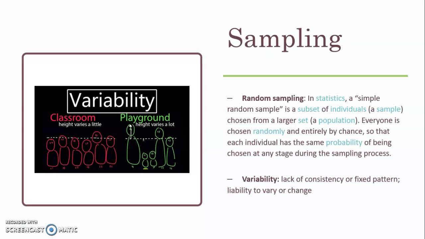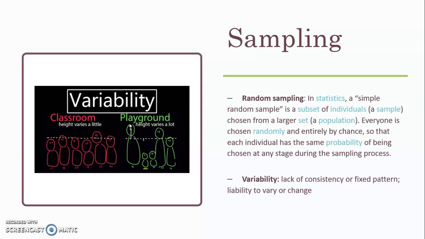So let's say you're trying to figure out the average height of the whole school. There's two ways you could do it. You could go into a first grade classroom and get all their heights. Or you could ask random people on the playground what their height is, which goes back to random sampling as well.